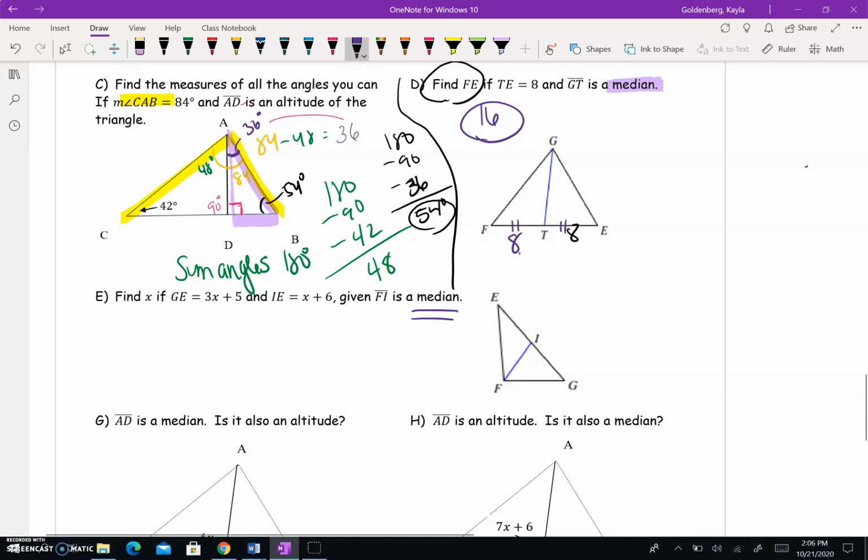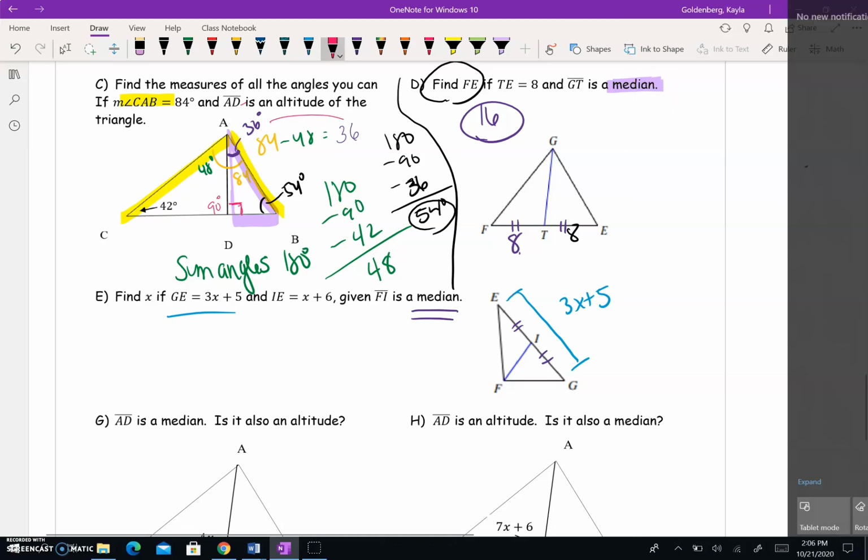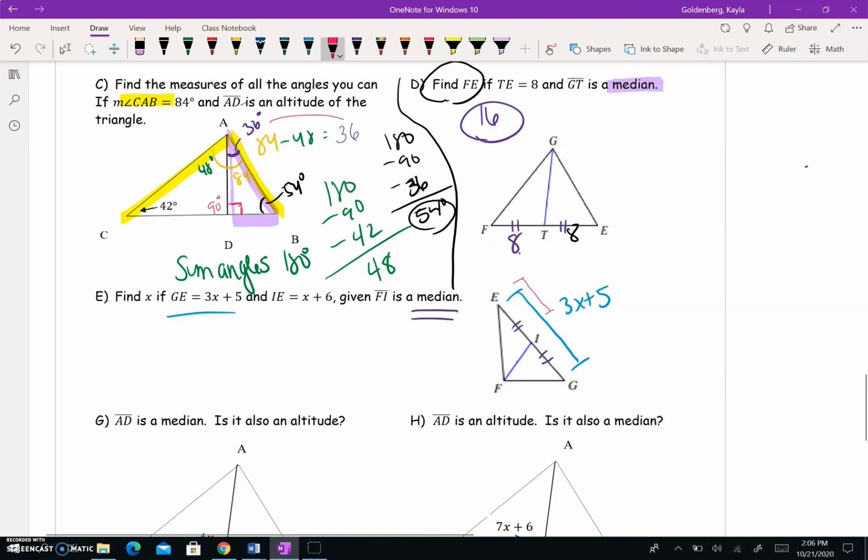This next one is going to be similar, right? We're still dealing with a median, but in this case, given FI is a median, so these sides are equal, we're going to do a little bit of algebra. So I'm told that G to E is 3x plus 5. And I'm told that I to E, so just this part here, is going to be x plus 6.